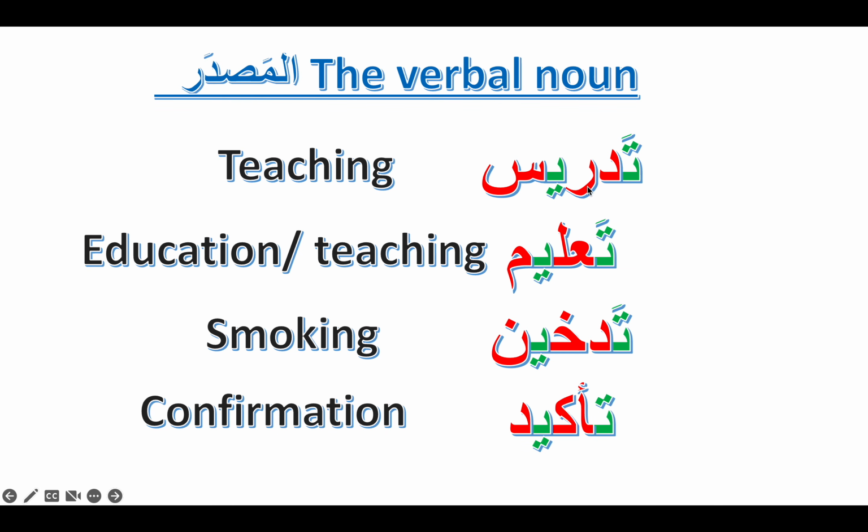Ta, and then in between the second root letter and the third root letter you add a ya. So darrasa becomes tadris, which means teaching. Allama becomes ta'aleem, which translates to either teaching also or education. Dakhana becomes tadkhin, which is smoking. Akkada becomes ta'akid, confirmation or confirming.